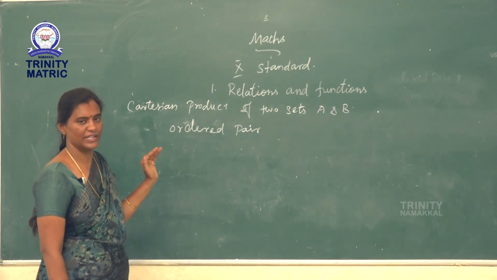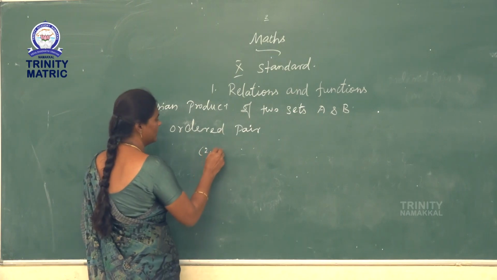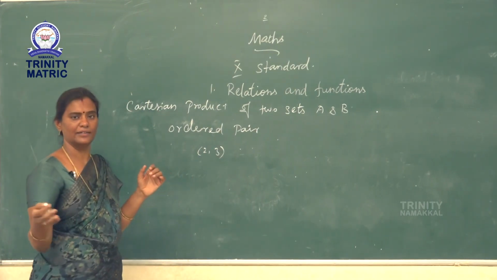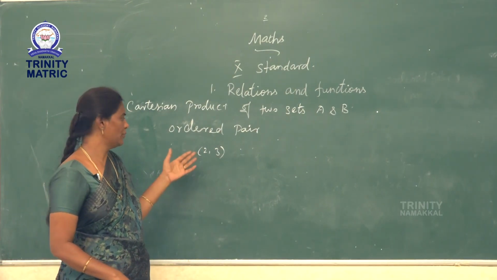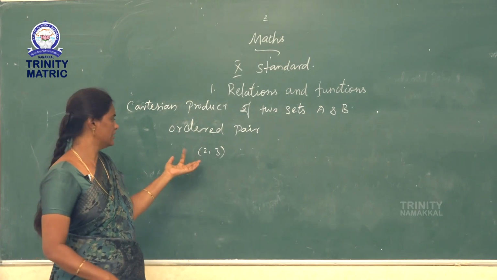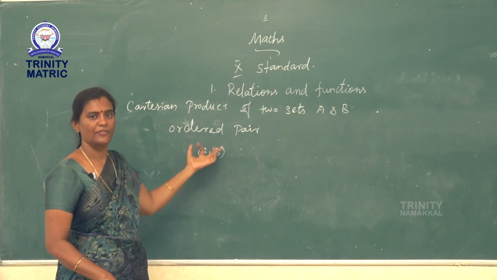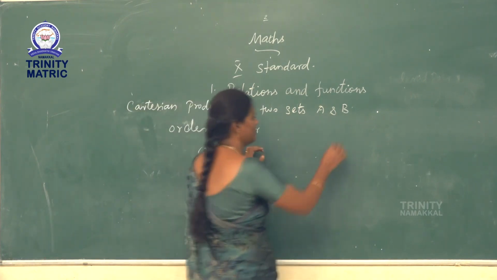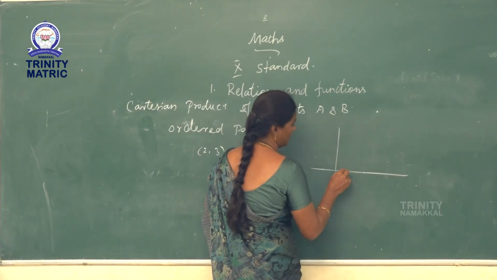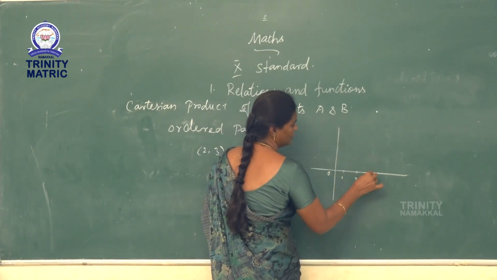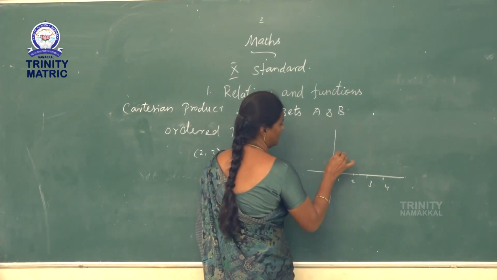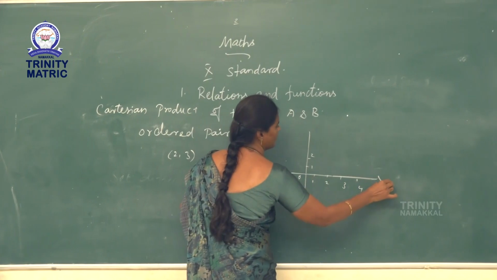It indicates the location. For example, 2, 3. Already we learnt in lower classes how to plot points in the graph sheet. For 2, 3, we take 2 as the x coordinate and 3 as the y coordinate. We plot the point in the graph sheet. For example, here this is 0, 1, 2, 3, 4. This is the x axis.